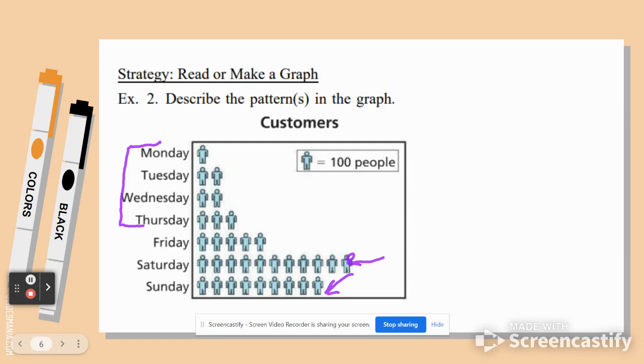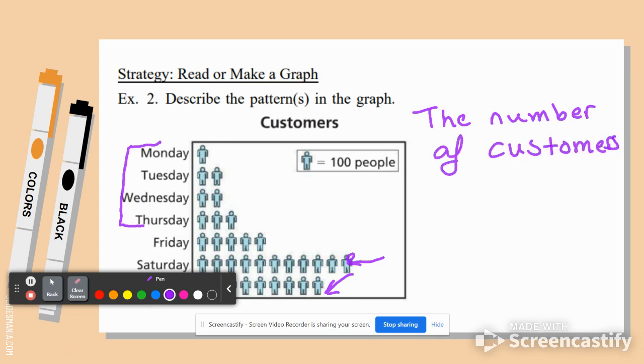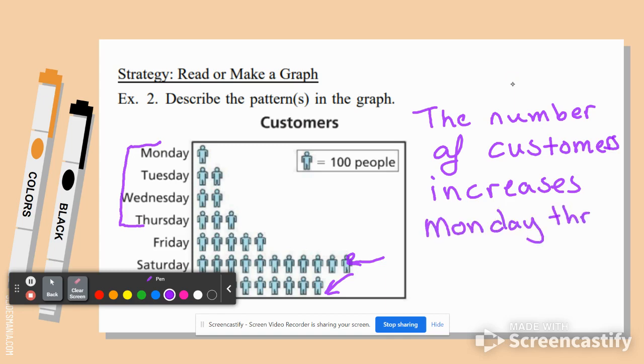And all I'm going to say here is basically that the number of customers increases Monday through Saturday, then decreases.